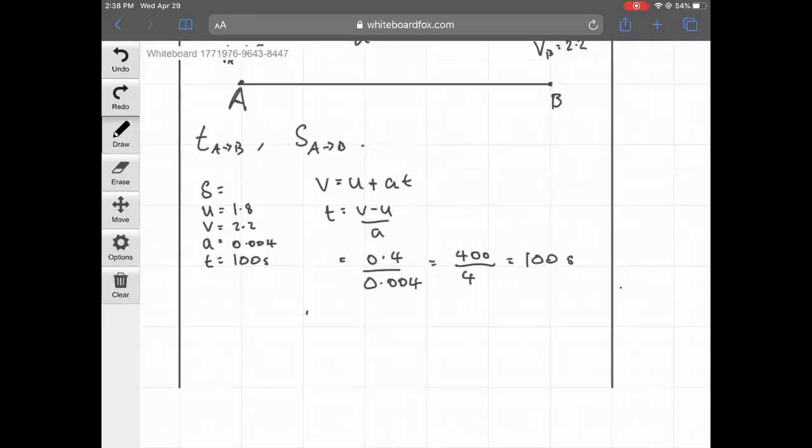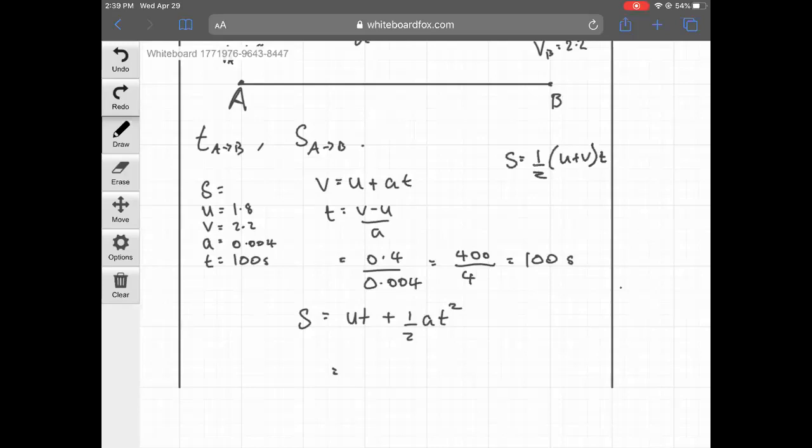Working out displacement, or s, should be pretty straightforward. s is ut plus a half at squared. Would be probably the easiest one because it's already in terms of s. I think there's another one, right? If we got s equals a half u plus v t, that could work as well. So what have we got? ut is 100 times 1.8.